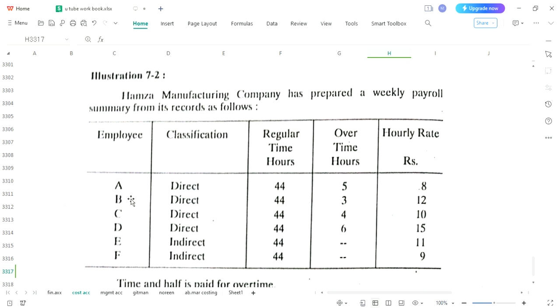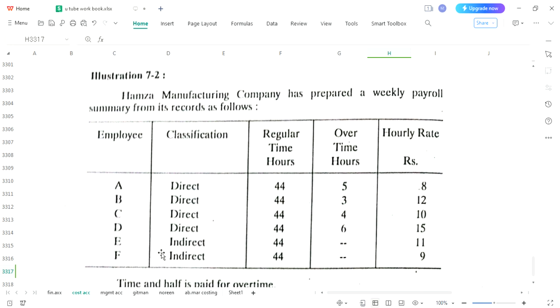All right, so first we will take an overview of the question. There are six labor units, out of which four workers are directly associated with manufacturing, direct labor, and two workers are indirect labor. For example, in a garment factory, four workers are producing garments and two workers are working inside the factory but have no concern with the production, like a security guard, clerk, cashier, or computer operator.